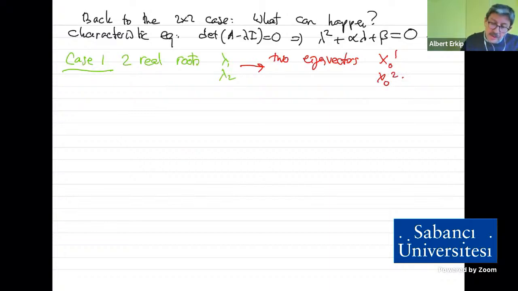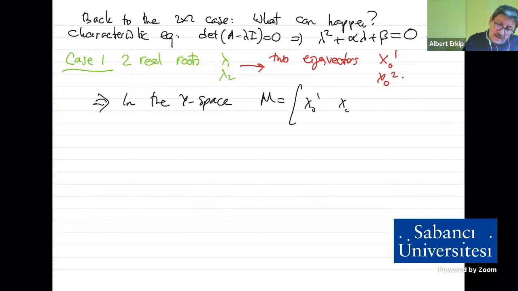So that gives me two solutions. Before I say that, in the y space the matrix M is just x01, x02. And you can prove that these are not multiples of one another. Why? Because A gives two real distinct roots, so lambda 1 is different from lambda 2.